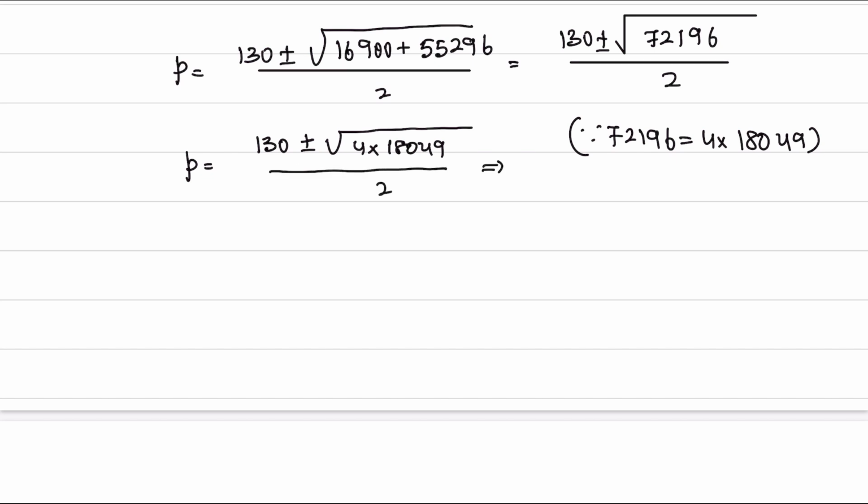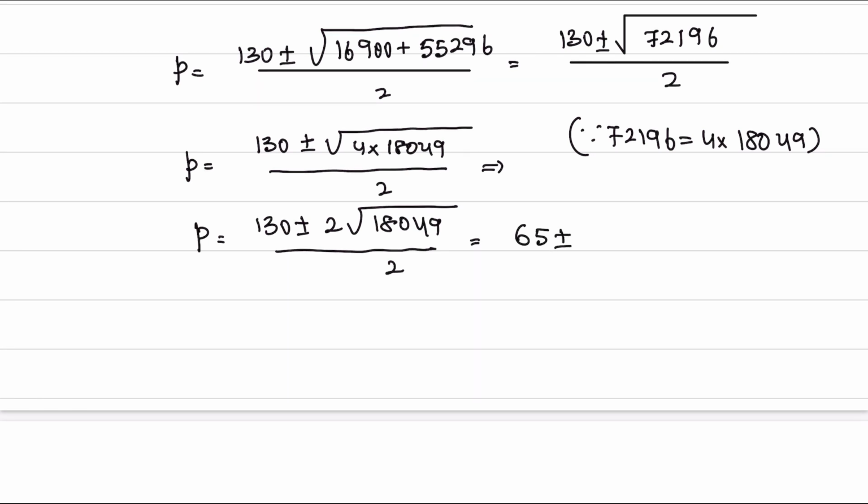This implies p is equal to 130 plus or minus the square root of 4, which we take out as 2, into square root of 18049, divided by 2. When 130 is divided by 2, it gives 65, plus or minus 2 divided by 2 gives 1, that means square root of 18049.